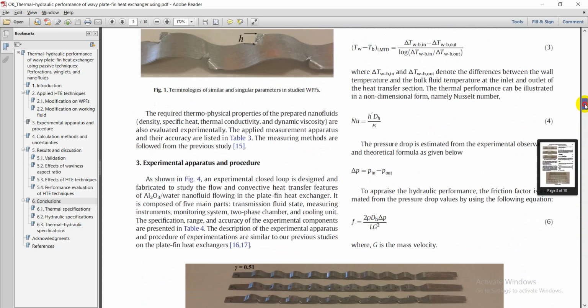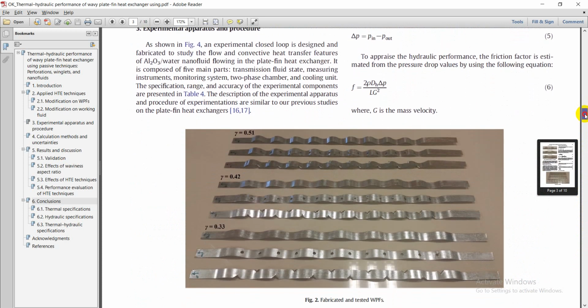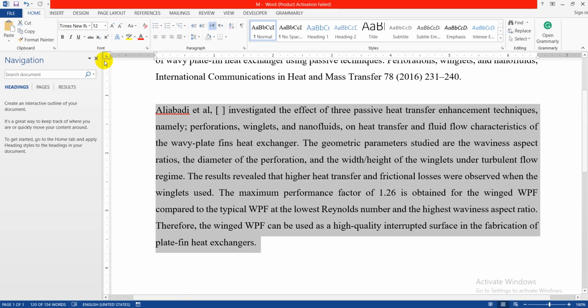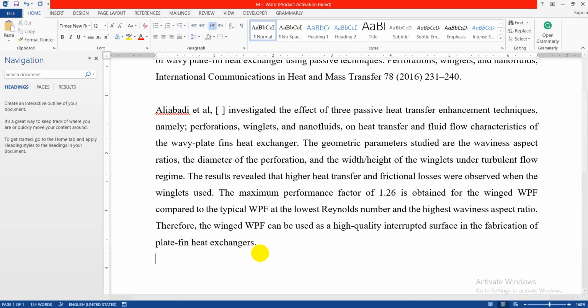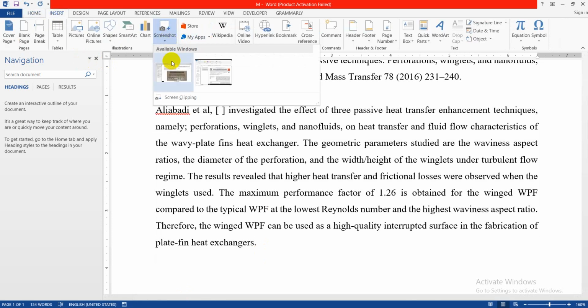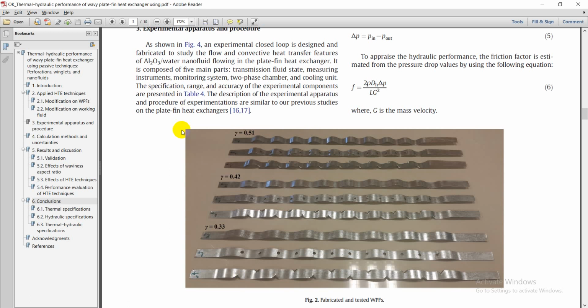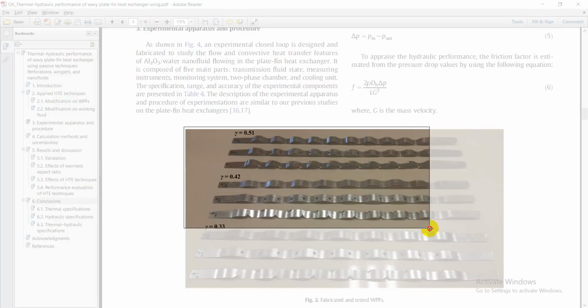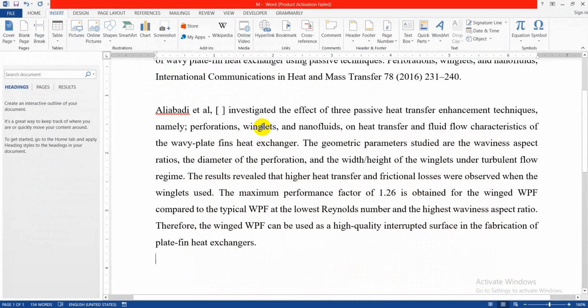For example, I think this very illustrative figure, you can put it, copy paste, or you can do it from here. Let's go there, insert. All right, and then just take this picture or put here.